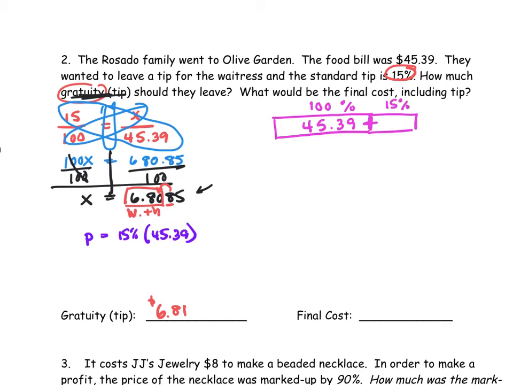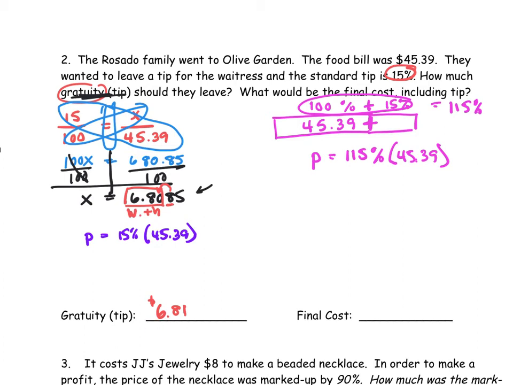And I don't know how much that is in money yet, but if I add these two percents, I'm going to get 115%. And so if I take 115% as my percent, just starting with those two combined, times $45.39, we should get the answer. The same answer as if we added $45.39 plus our answer from this last time.